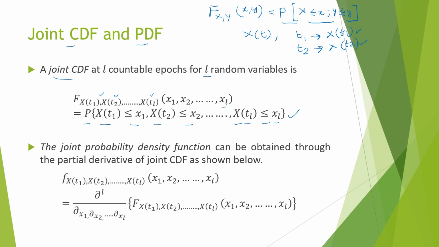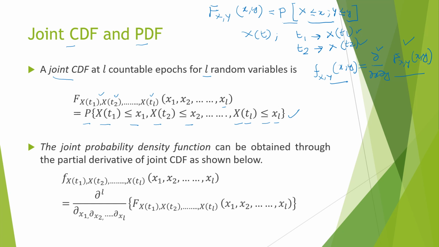Now, what is probability density function? The joint probability density function, as we have seen in the case of multiple random variables, is given as f_XY(x, y) equal to the second partial derivative, dou square by dou x dou y, of the CDF. So it is double differentiation of the cumulative distribution function.